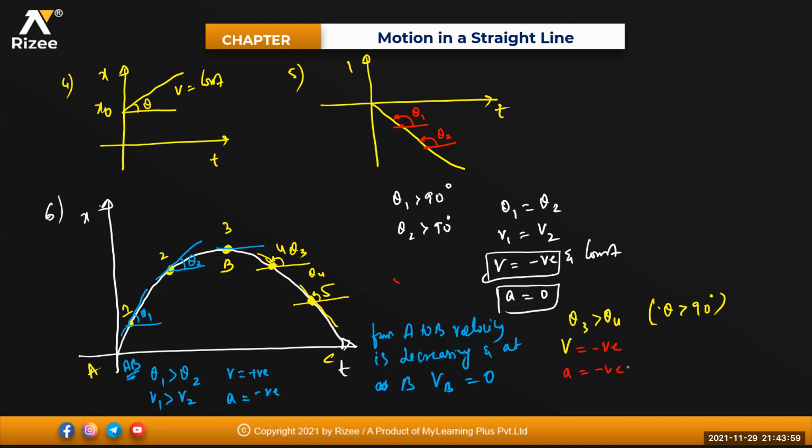Clear? And velocity at 4 will be greater than velocity at 3. As it is coming from the highest position B to C, velocity is increasing, but it will be negative. So acceleration is also negative. Clear? Yes, sir.